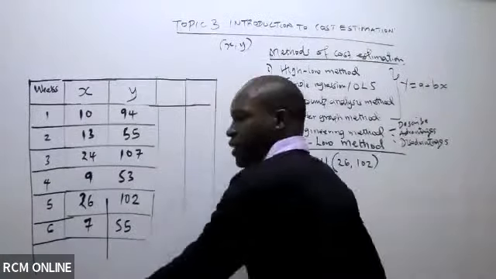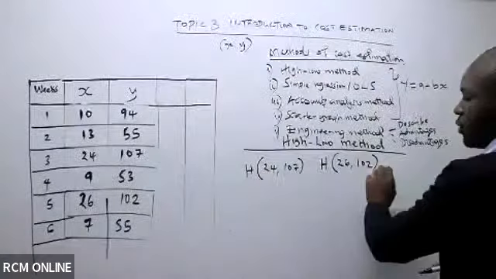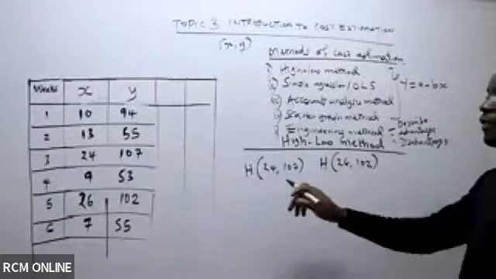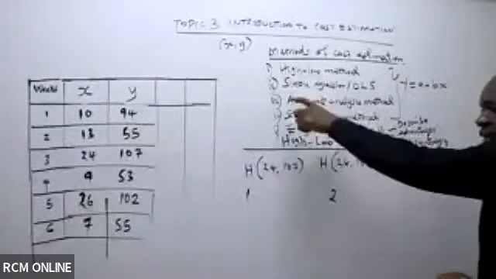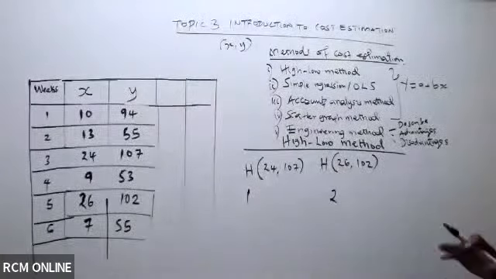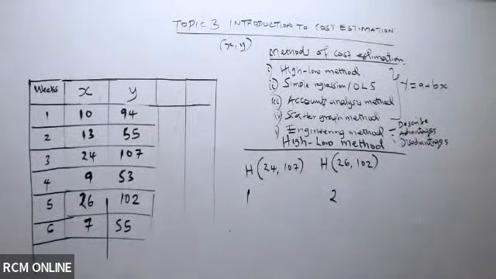So let's try and see who is right between these two people. Is it the first one or the second one? Based on what we have just explained up here, who is right between the first one and the second person? Who is right? The second person. Why?